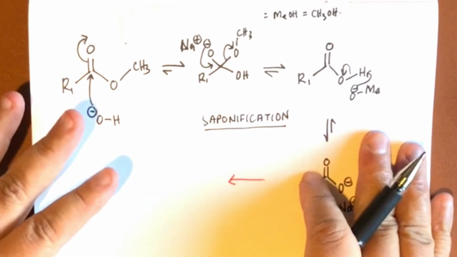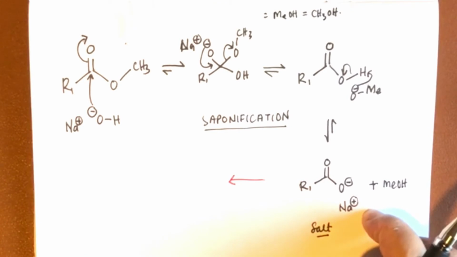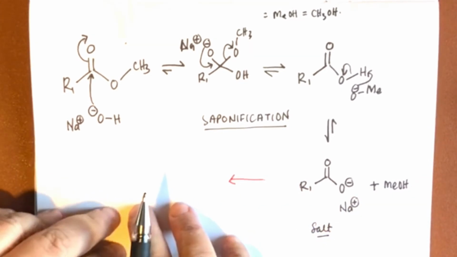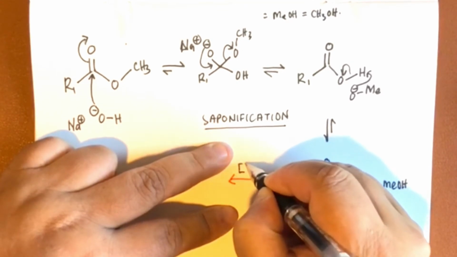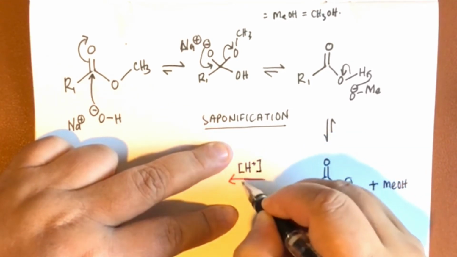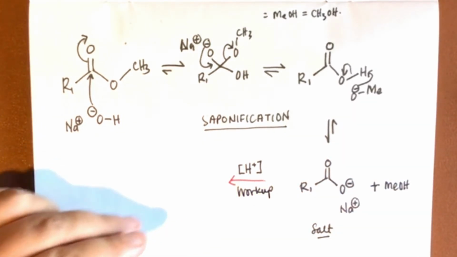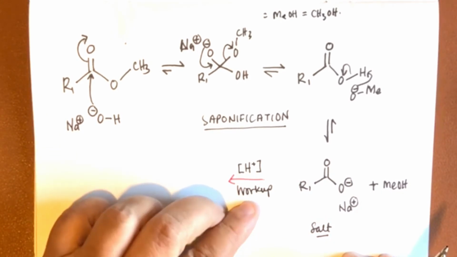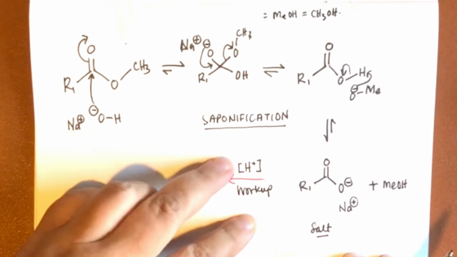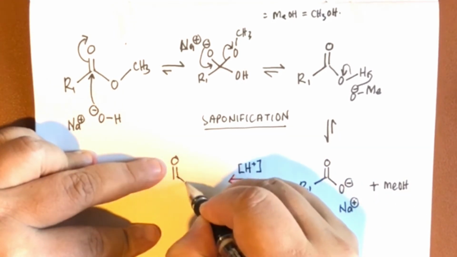But what happens is that if you want this carboxylate salt, the sodium carboxylate, to form a carboxylic acid, you have to add the hydrogen during the workup. Workup is in the lab. Usually you will form the salt and it can crystallize out. And if you add an acid to it, this will form the carboxylic acid.